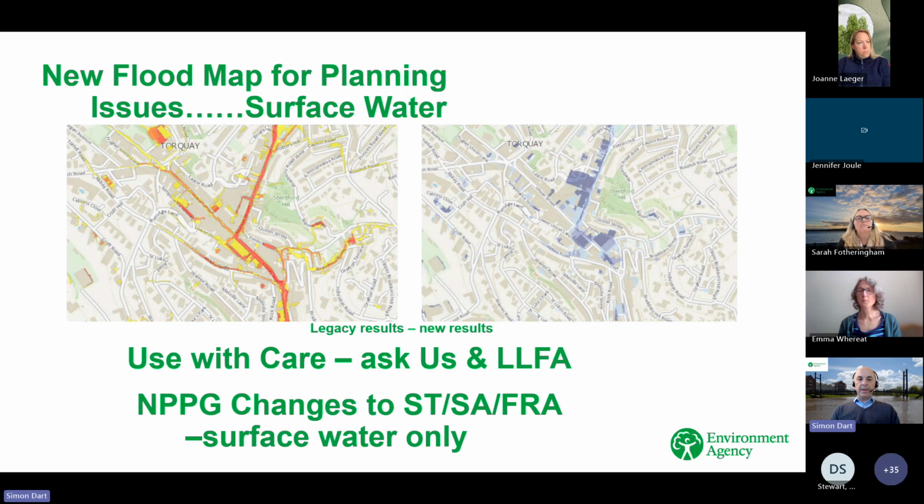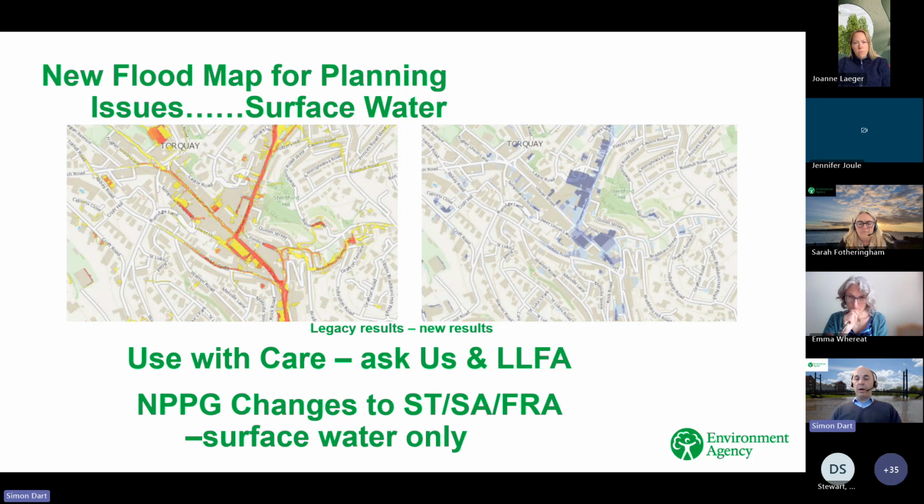Many of you might be aware that there was a significant change to the NPPG, the National Planning Practice Guidance notes, about the sequential test, sequential approach, and flood risk assessments, but it applies to surface water flooding only. The key thing there is, it says that if you can manage the flood risk within your site, i.e. you could design the site so that you build in the non-flood risk area and you can move the surface water risk or flow route within a safe part of the site with appropriate land uses, the sequential test may not need to apply.